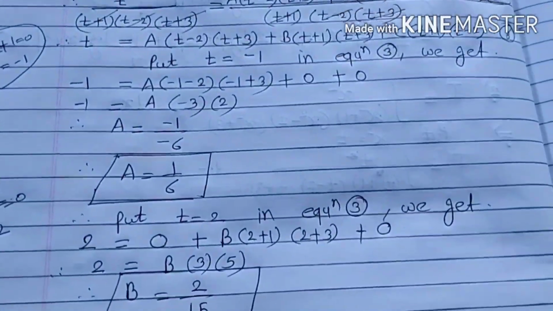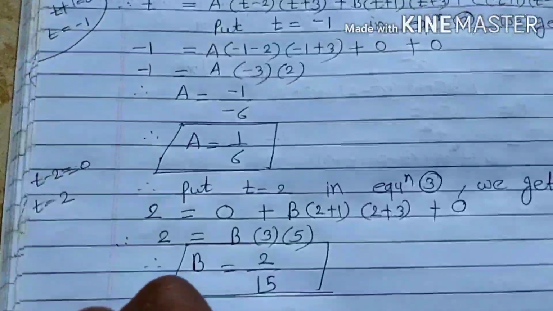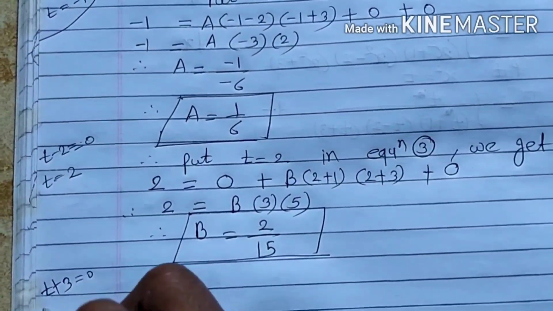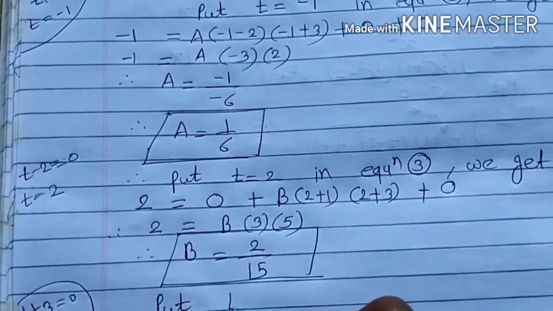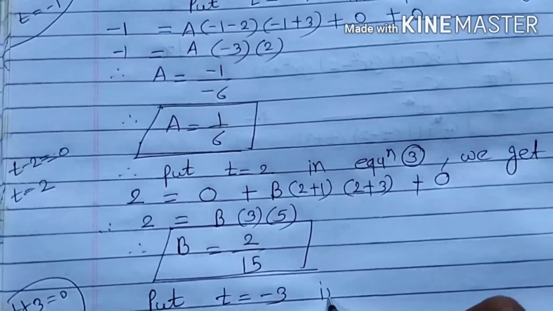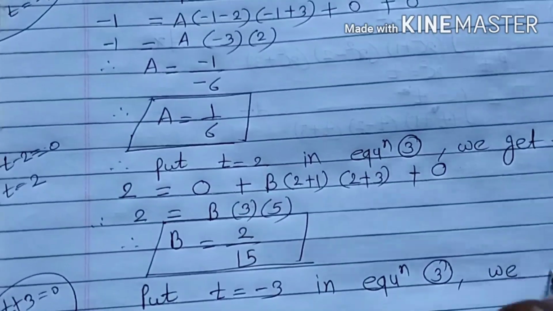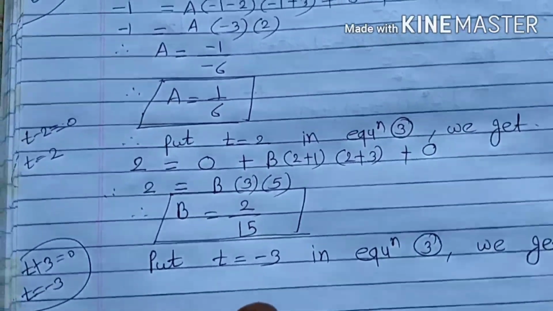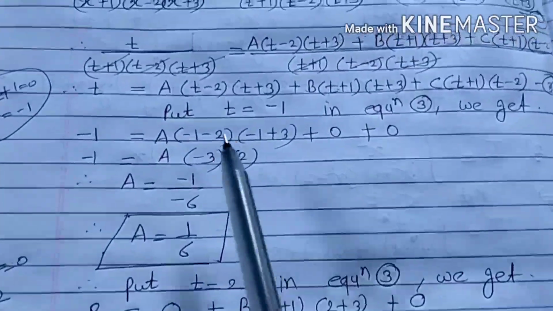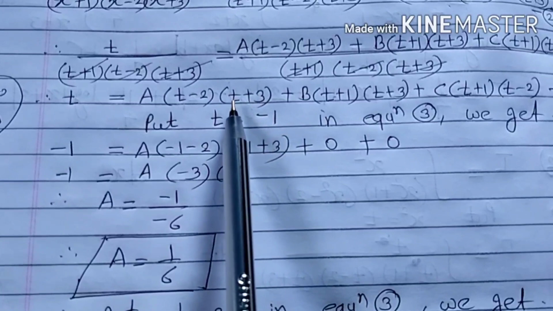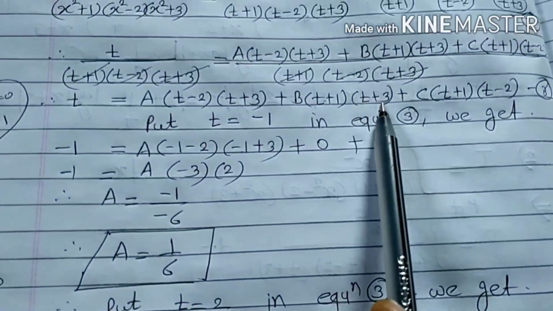Now we have to find c. For that put t plus 3 equal to 0, then t is equal to minus 3. So put t equal to minus 3 in equation 3 and we get minus 3 is equal to, if you put t equal to minus 3, then minus 3 plus 3 will become 0. Here also minus 3 plus 3 becomes 0.